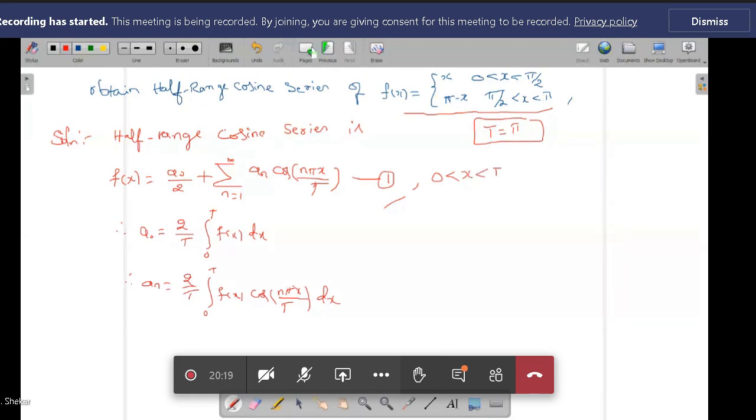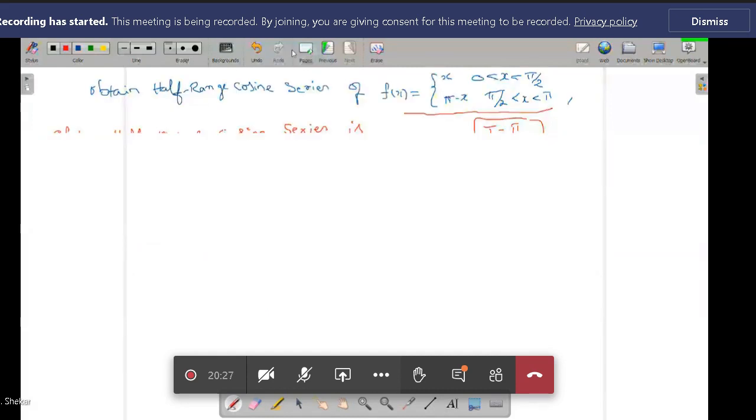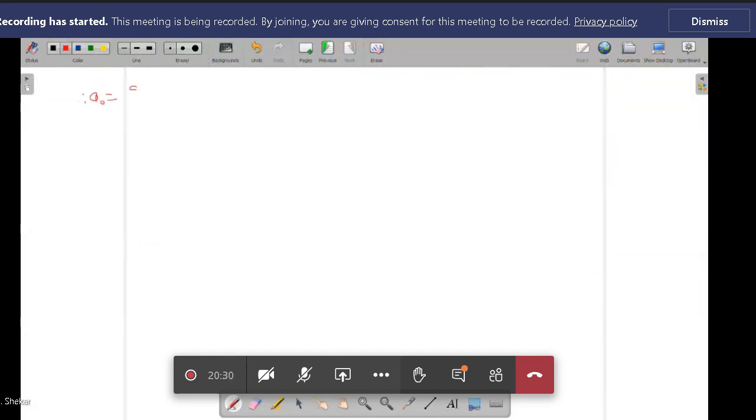So now we need to find a naught and an. So a naught will be 2 by t, therefore a naught is 2 by pi integration from 0 to pi f of x into dx.